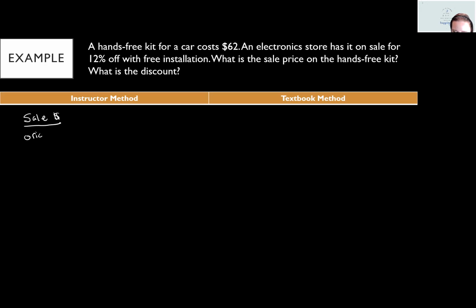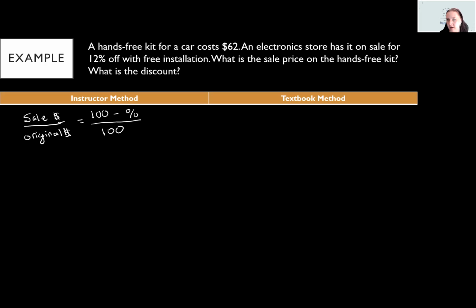Always remember that the original, whatever you're starting with, is at the bottom. If you can't remember which percent goes where, the final is on top and the original's on the bottom. And now for a discount, you're subtracting your percent.